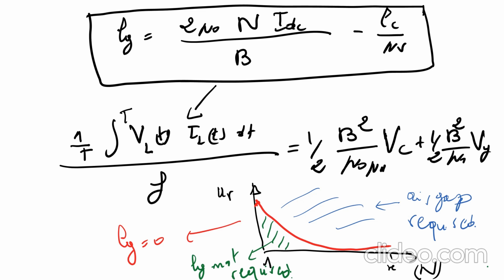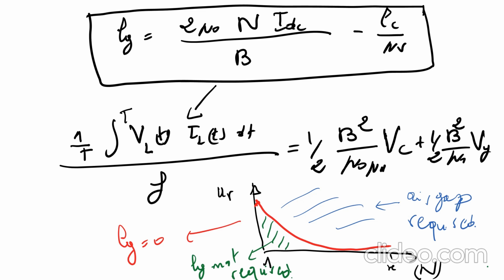So if you need to design a correct, non-fake inductor, you have to satisfy this condition for the air gap. If you have to change the inductance, it's not the air gap that will change. You have to change the number of turns. That's the optimal approach. I'm not going to discuss this point because there is no time for that, but maybe in the next videos I will discuss it.